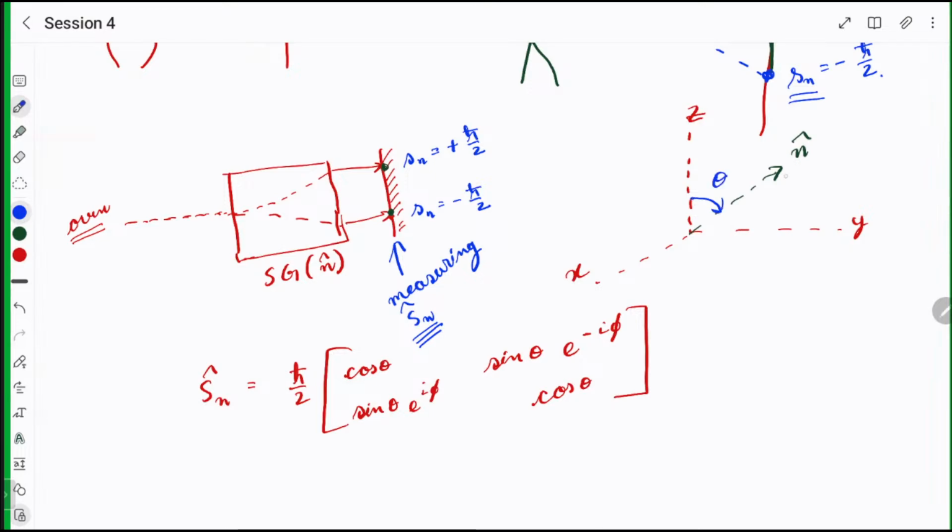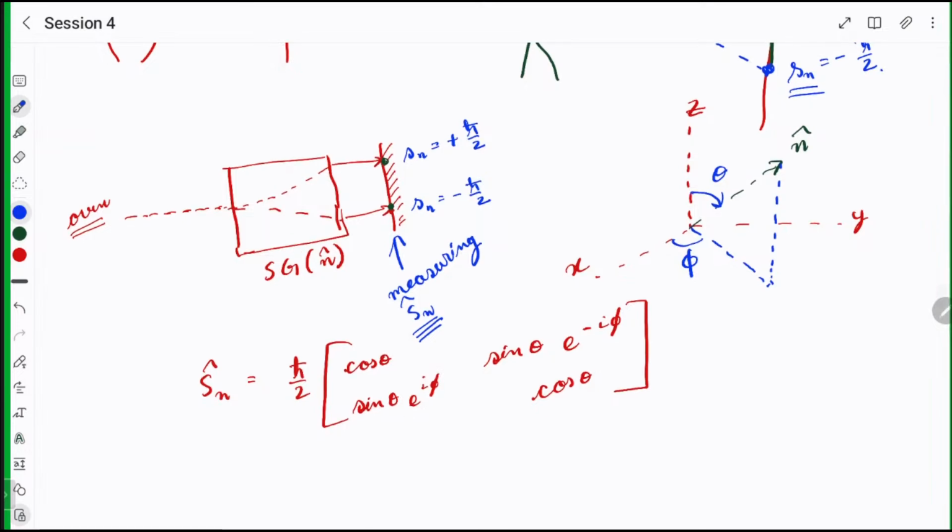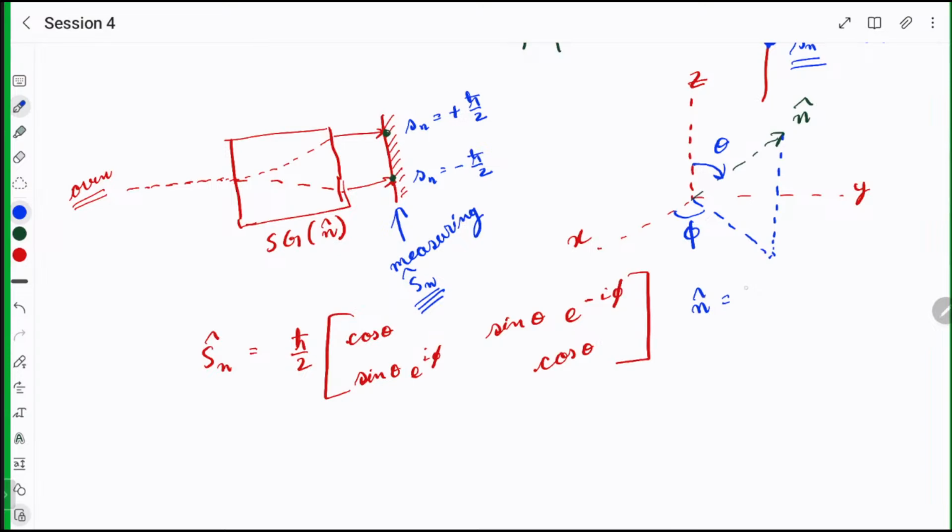If we take a projection on the xy plane, the angle it makes with the x axis is φ. Now, of course, n hat will have x component sin θ cos φ, y component sin θ sin φ, and z component cos θ.